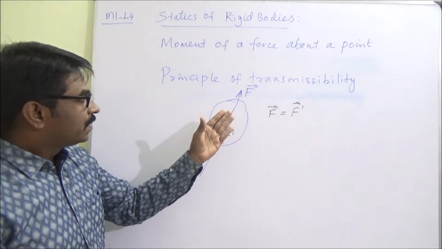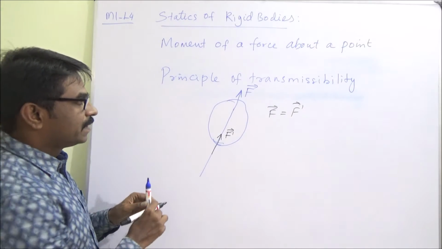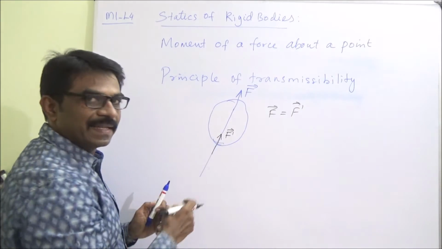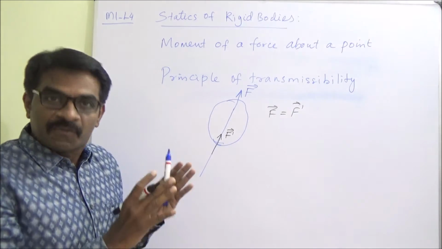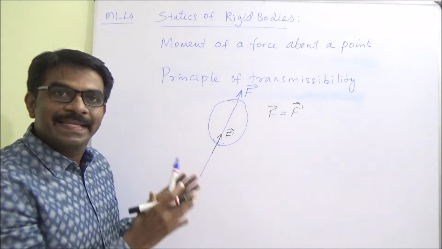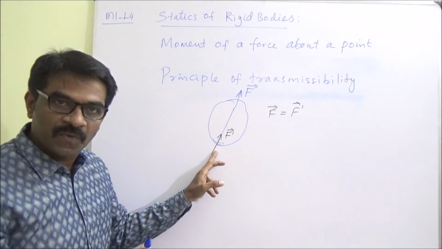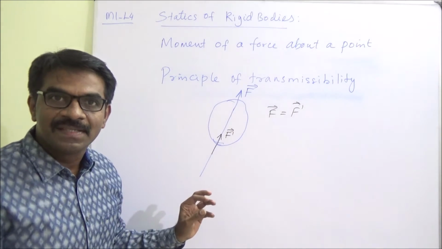So the principle of transmissibility is this force acting here or here, as long as the force is in the same line of action. So this force is replaced with this force, acting in the same line of action.